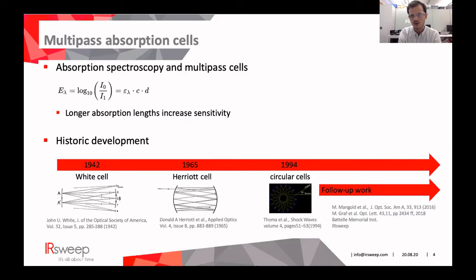There was a lot of follow-up work done on that by my co-founder Markus Mangold in the Emmenegger group at EMPA, and even more by Manuel Graf, as shown in these publications. Our IRcell-S, of course, is a further development in that direction.